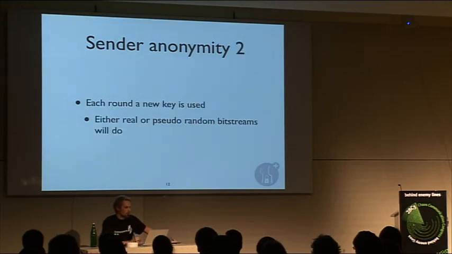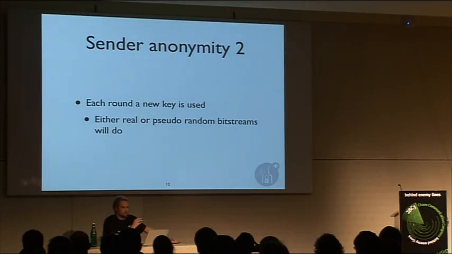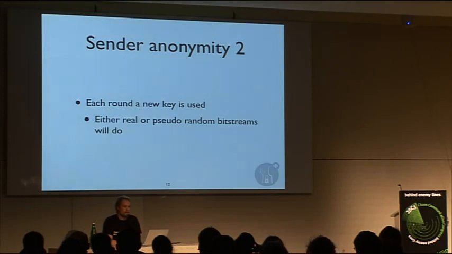And if you want to do a DC round, you have to use a new key each round. So what people do normally is they exchange key generators instead of keys, and there they can use real random or pseudo-random bit streams. Of course, if you have real random bit streams, then you have very strong anonymity. If you use pseudo-random bit streams, then you will face the same problem, that it's computationally attackable.